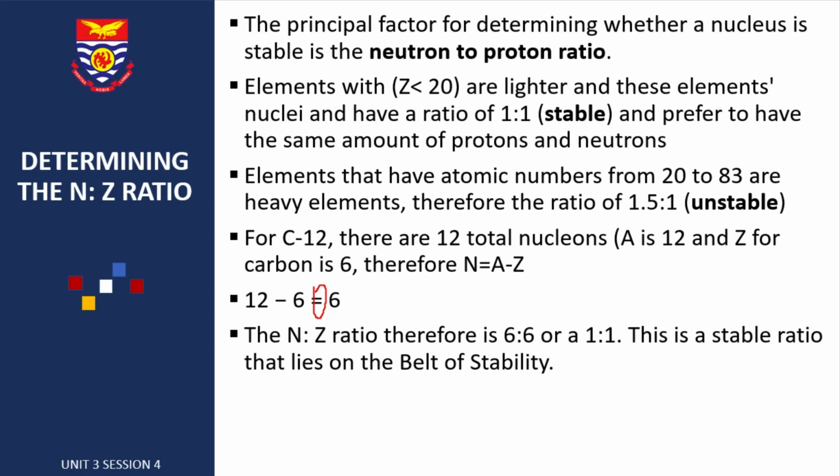In that case, the ratio of neutron to proton is 6 is to 6, which we can break down to 1 is to 1. This is a stable ratio, and it lies in the belt of stability. We shall be looking at the belt of stability as we proceed in this course.